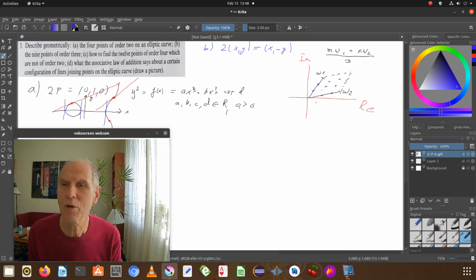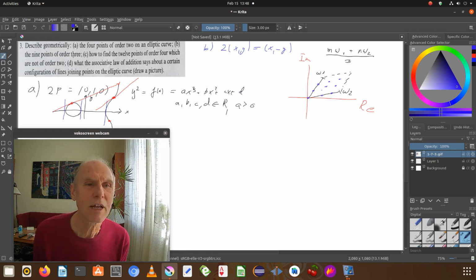And another one up here. 2 omega 1, 2 omega 1 plus 2 omega 2. Yeah. So this has all 9, and then I don't count that one. So there are 9. So I can't come any closer than that.